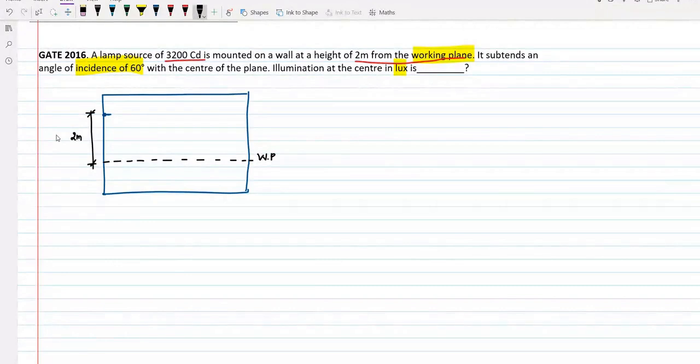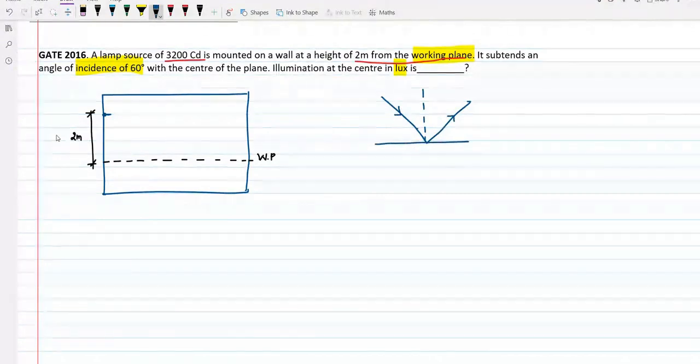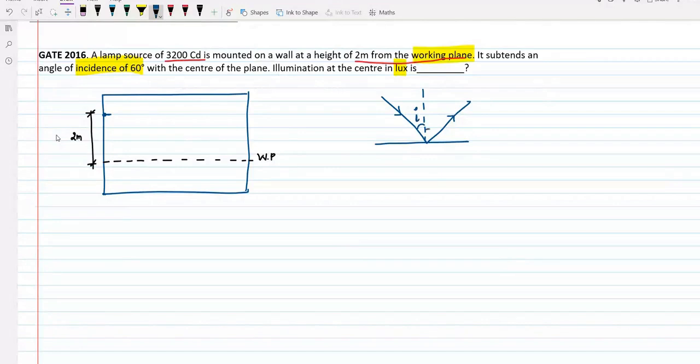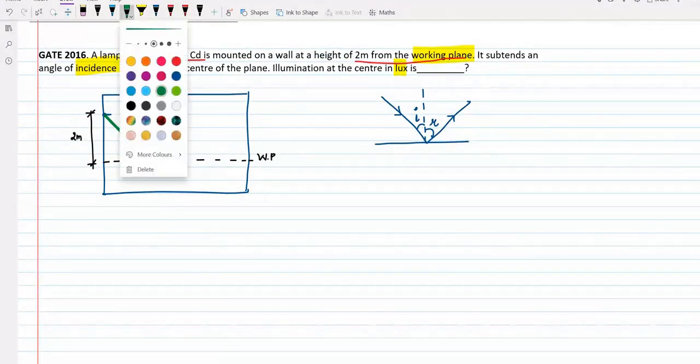It subtends an angle of incidence of 60 degrees. So we know that if this is the normal, this is the angle of incidence, this is the angle of reflection, this is the plane, then this becomes the angle of incidence, this becomes the angle of reflection. So what happens here is this is the angle of incidence. The normal we'll draw.